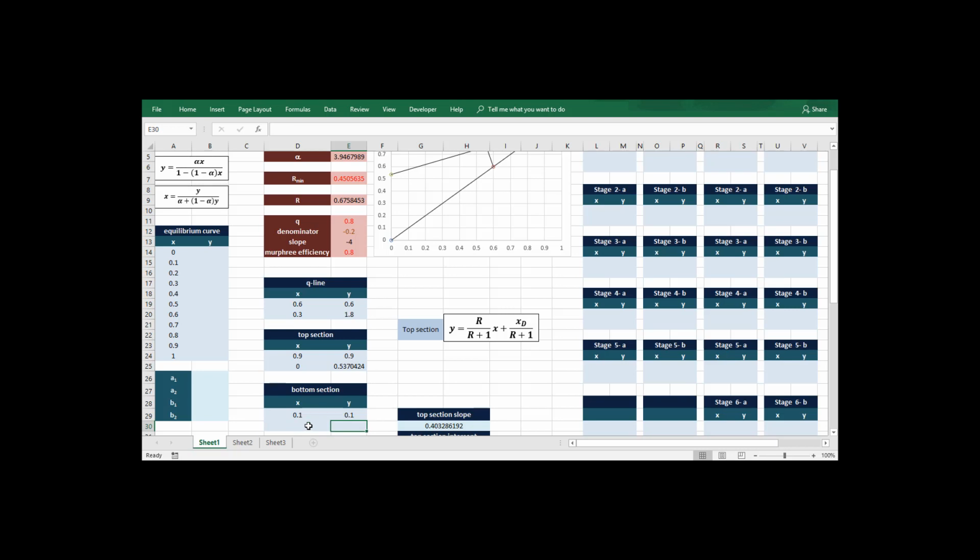Before calculating the second value of x and y, I will need to find the values of a1, a2, b1, and b2 first. a1 is the slope of the top section, which is R all over R plus 1. a2 is the slope of the feed line, Q all over Q minus 1. b1 is the y-intercept of the top section, which is XD all over R plus 1.